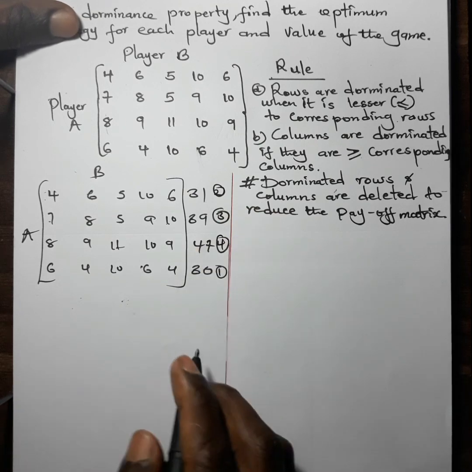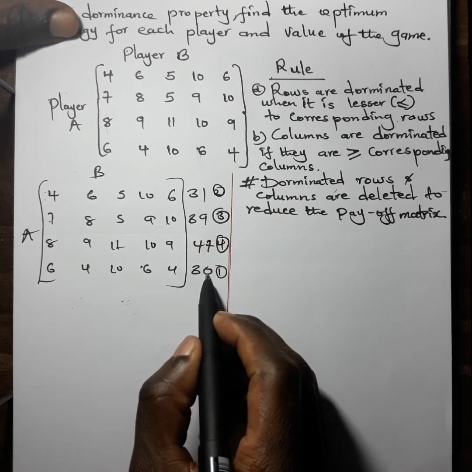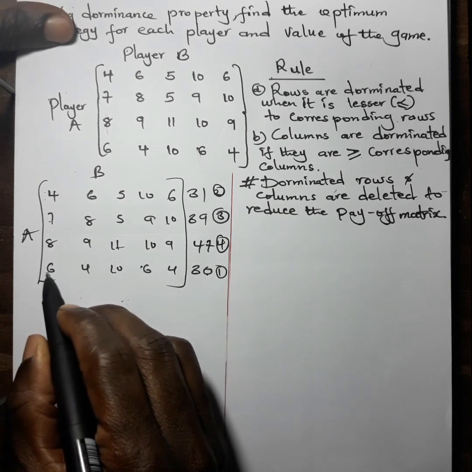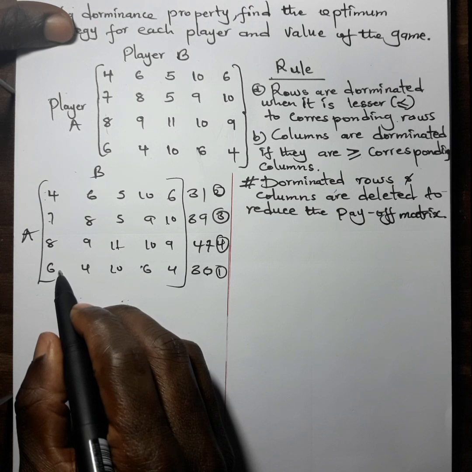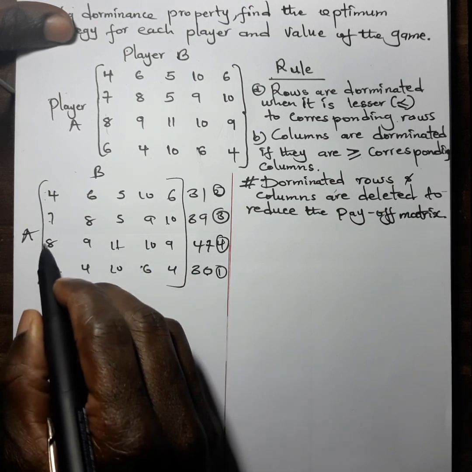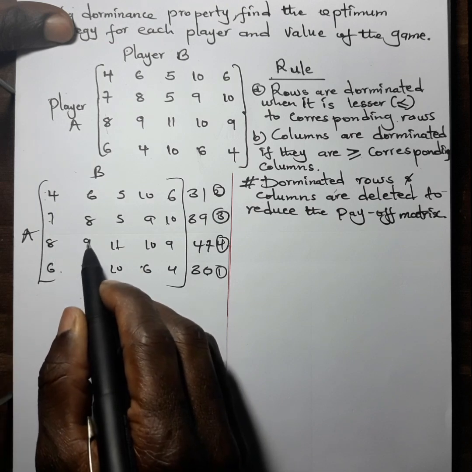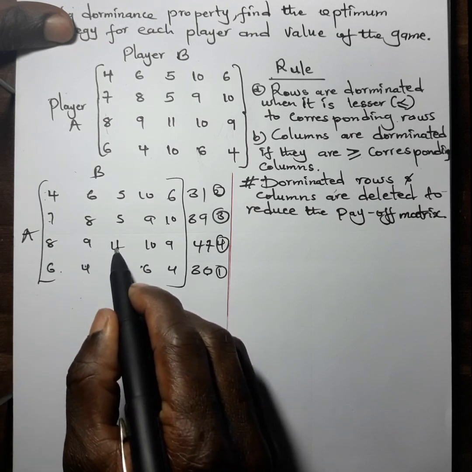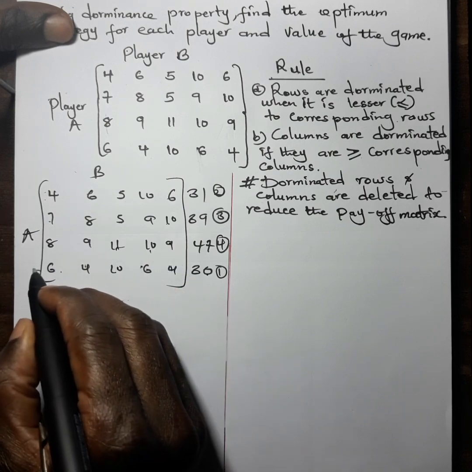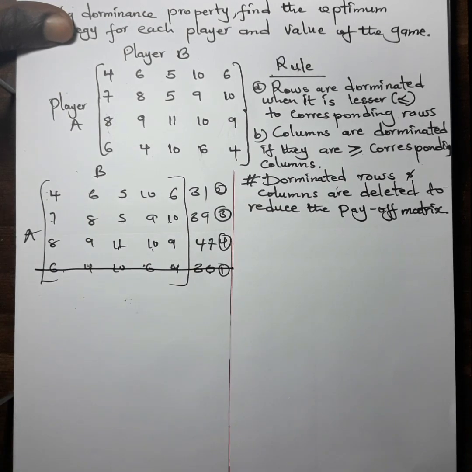And this is how to do it. When we take this last row, row 4, we check each element here if they are lesser than any other element in the other rows. Like 6 is less than this, 4 is less than 9, 10 is less than this, 6 is less than this one, this is less than 9. So it means this row is going to be deleted.